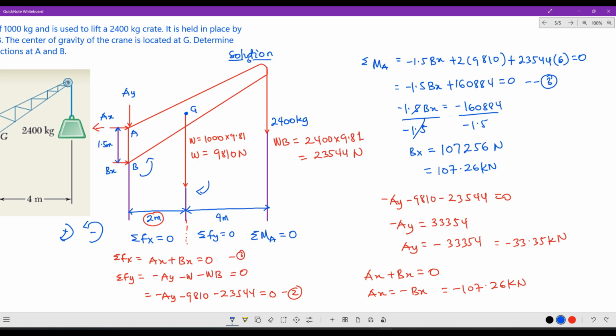So you see that after the calculations, we found out that BX is still in the positive x-axis direction, and AY will be in the negative direction. AX will rather be in the negative direction. At the beginning we chose the positive direction, but after the calculation we found out that it is actually in the negative x-axis direction. The signs just mean the direction, so it doesn't really affect your answer.